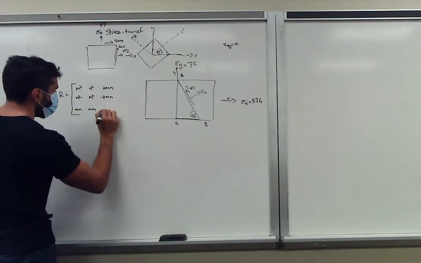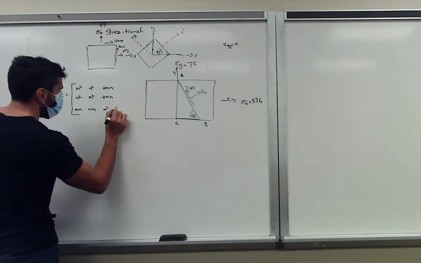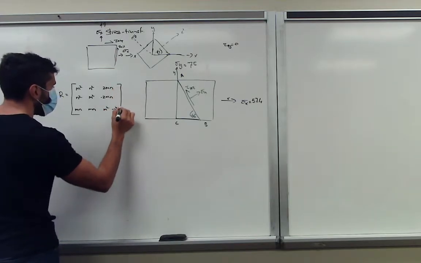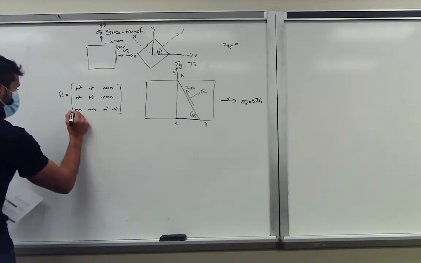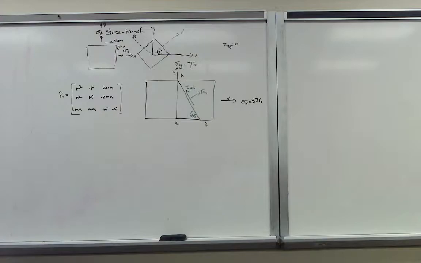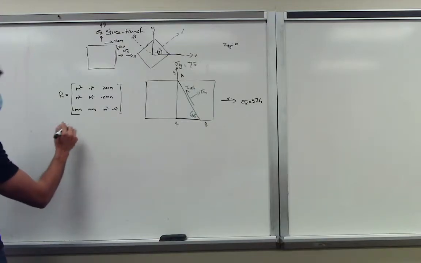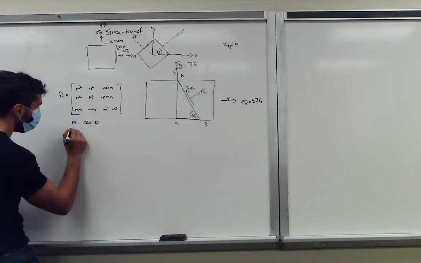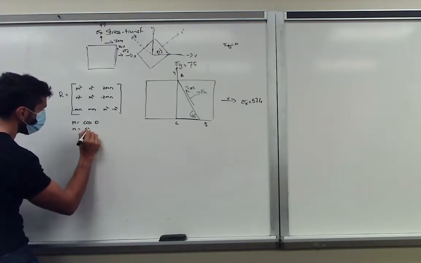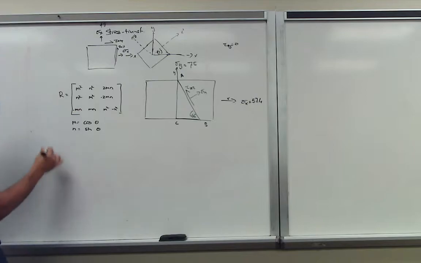There's a minus, let me see where the minus is. So this was our rotation matrix, where m is the cosine of theta, and n is equal to the sine of theta.